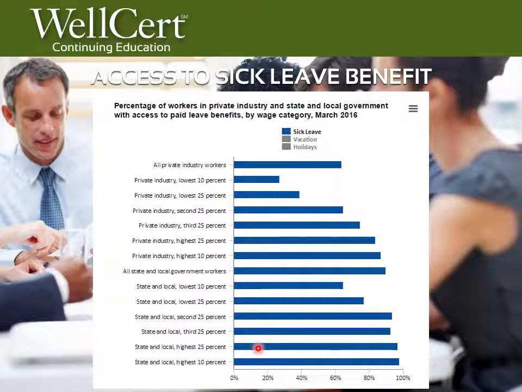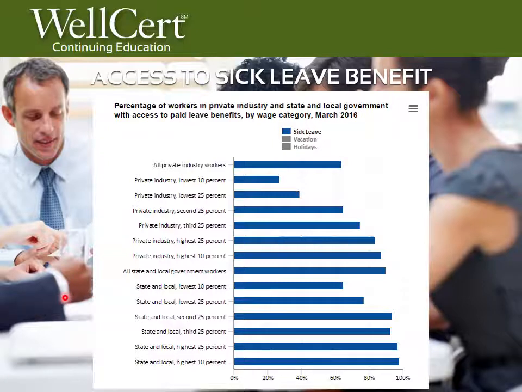So that says to us that state and local has a much more significant compensation cost associated with sick leave than the private employer is likely to have. That's a way of interpreting this particular graphic.